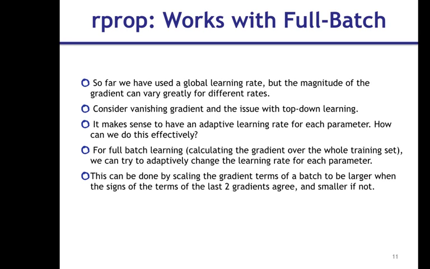Okay. So another optimization method discussed in lecture, which is pretty intuitive, is called rprop. One of the assumptions that's pretty poor is having a global learning rate, that every parameter should be learning at the same rate. One of the problems that I like to think about is the vanishing gradient problem.